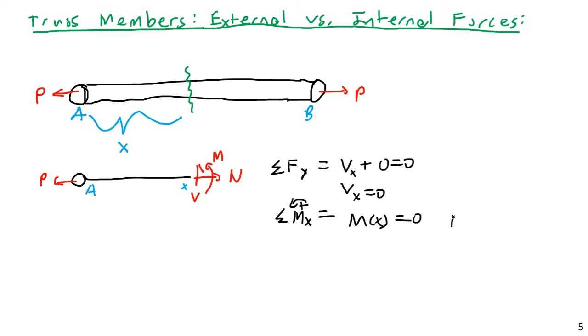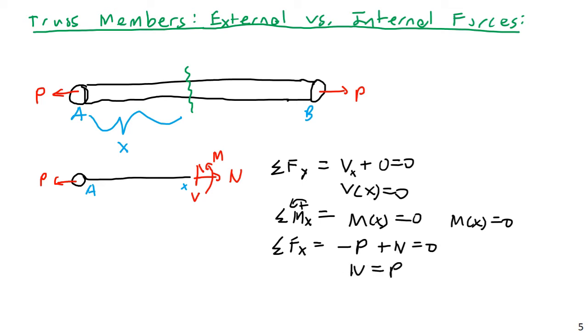So M at point X is equal to 0, and V as a function of X equals 0. And then I can do the sum of forces in the X direction, and I have negative P plus N is equal to 0. And N then is equal to P.